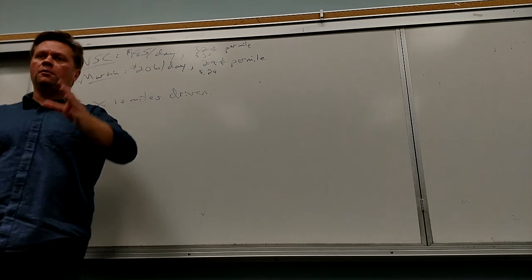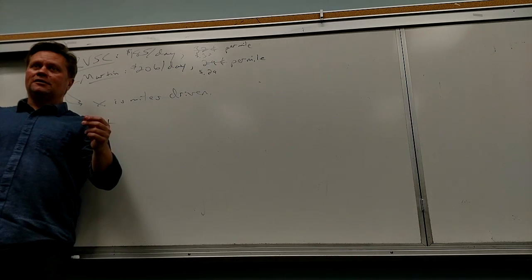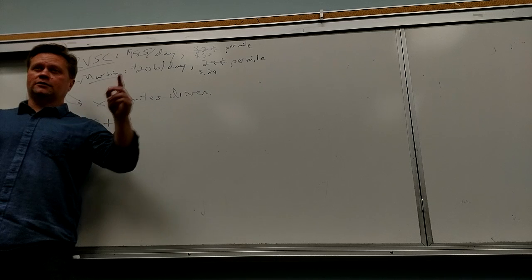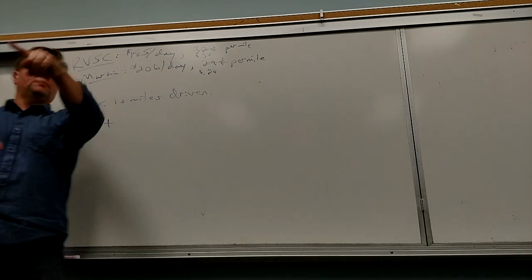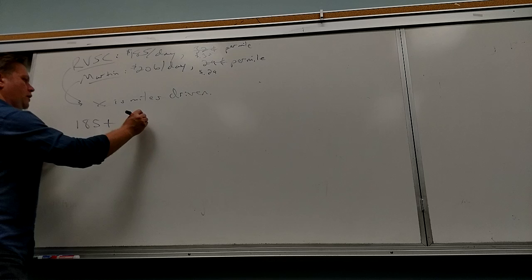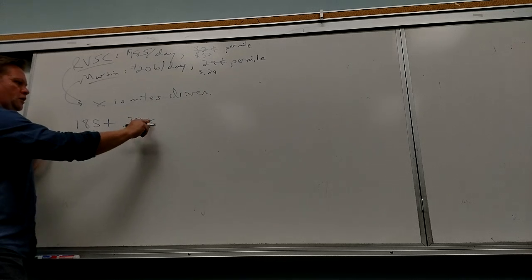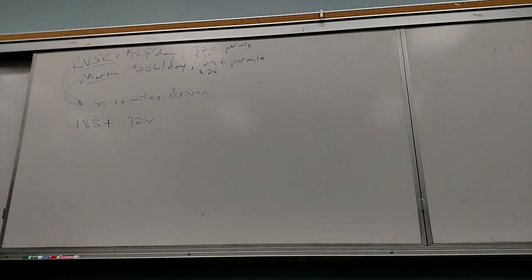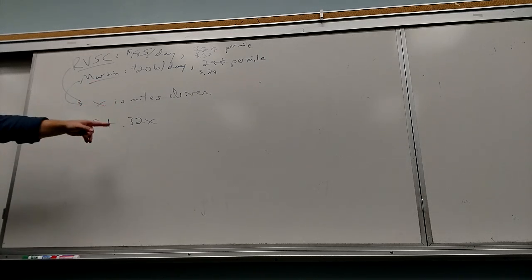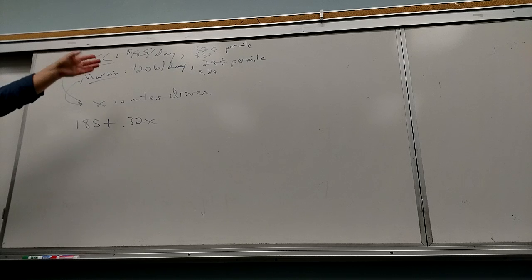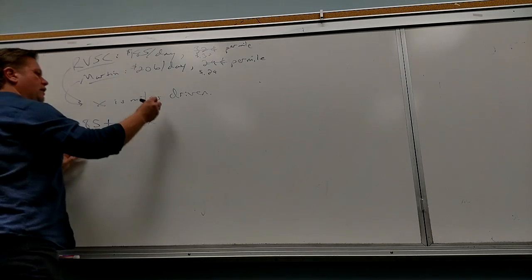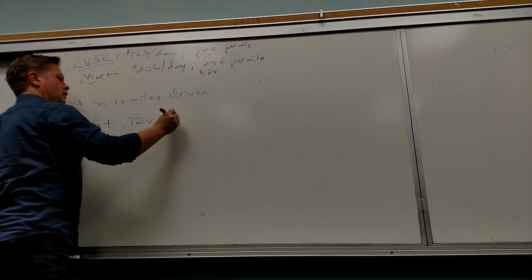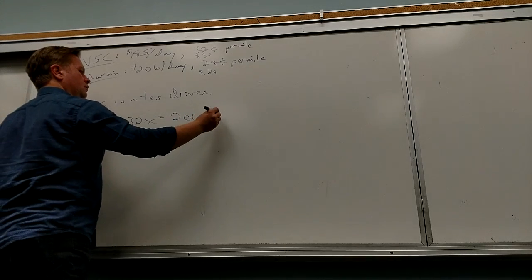What if I went 200 miles? 64. So it's plus 0.32x, 32 cents per mile. And you're going to set that equal to the other guy. Once you have this set up, the other one's the same thing with his money: 206 plus 0.29x.